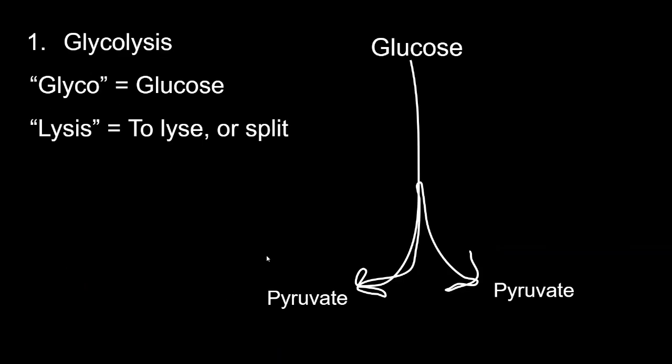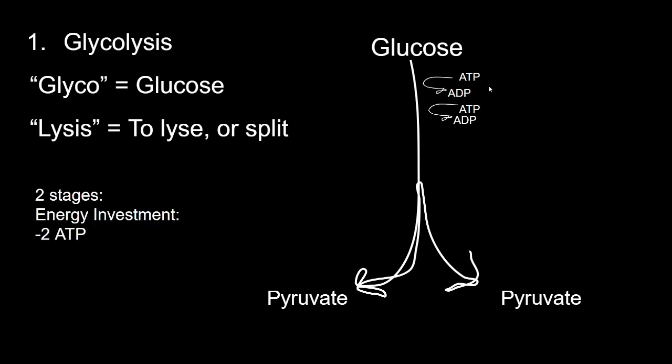So let's take a look at our very first step that's occurring in the cytosol, and it's called glycolysis. Glyco is a prefix that usually refers to glucose, and lysis, or to lyse, means splitting. And as the name suggests, glucose overall is going to be split into two molecules known as pyruvate. At the very beginning, there's an energy investment stage.